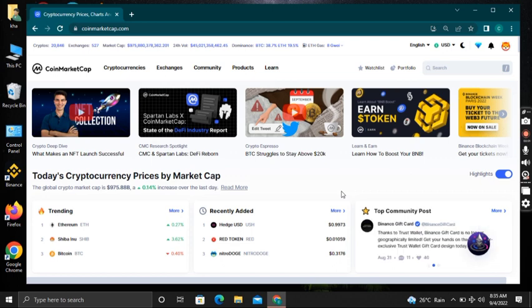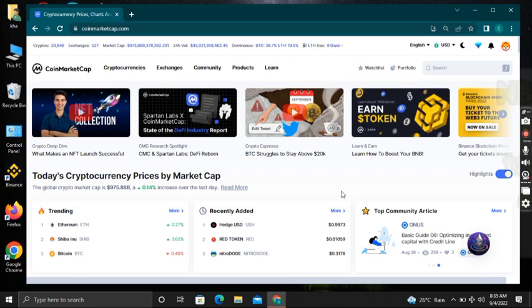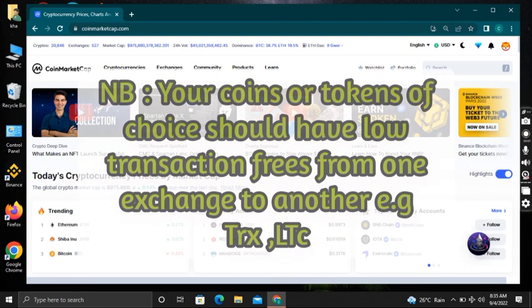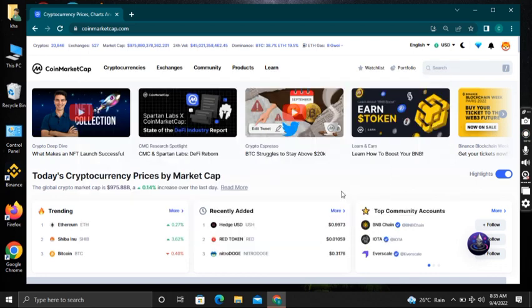So in this type of arbitrage, you should consider coins that have a lesser transfer fee, such as Litecoin or Tron, or coins on the Polygon network, such as Matic and every other coin on the Polygon network. Those coins have lower transfer fees when you transfer from one exchange to another. In this video, I'll be using Tron, for example, to show you what you need to do if you want to do crypto arbitrage, buying and selling on different exchanges.